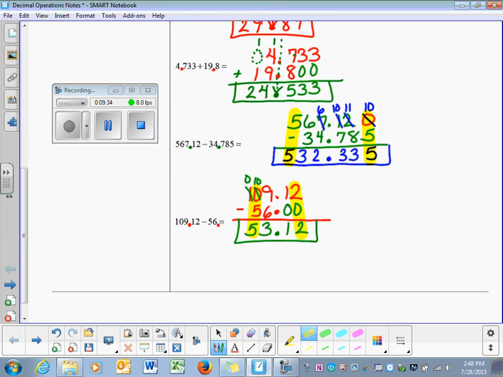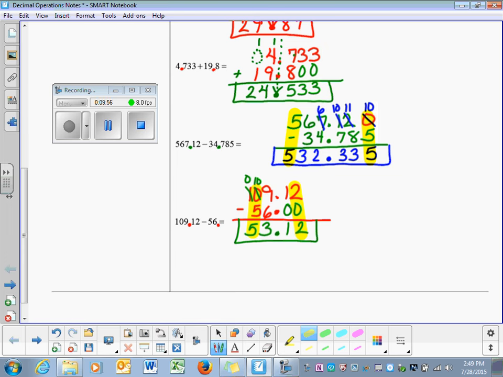I can have $2 and take nothing away from what I have, and I still have $2. But if I have no money and I try to spend or buy something that costs $5, I'm either borrowing from a friend, whoever's off to my left mathematically, right? Or I can't do it.